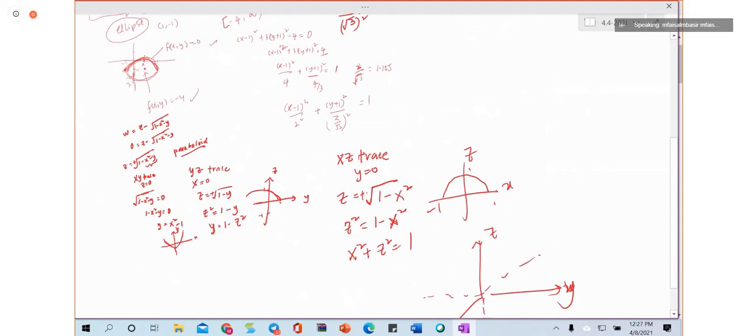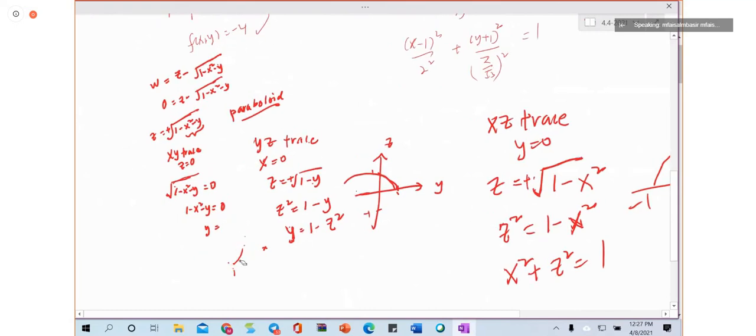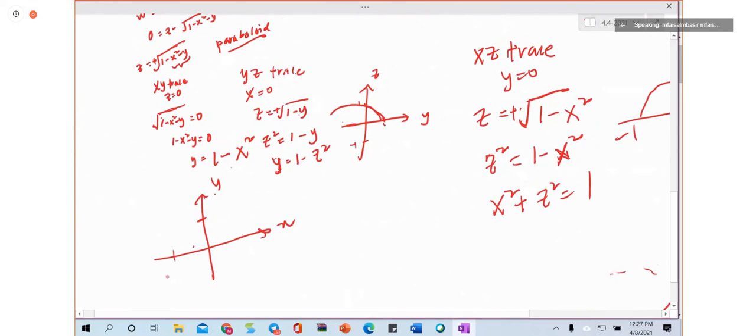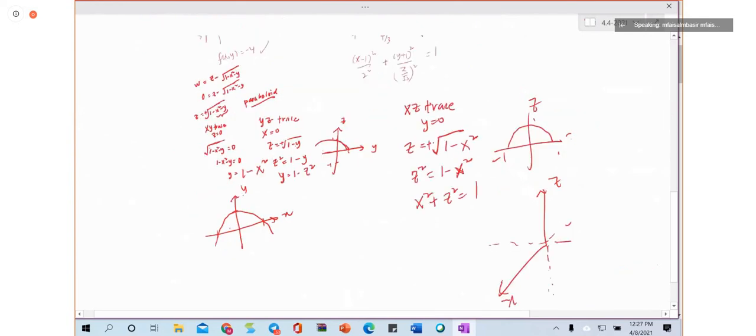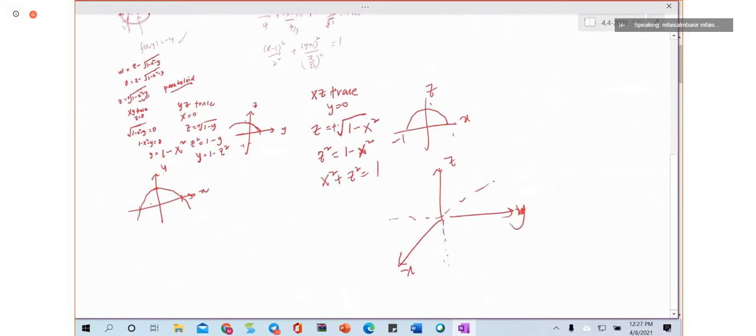This is 1 minus x squared. So if we draw this, what do we have? When x is 0, y is 1, and when y is 0, x is negative 1 here. Right?